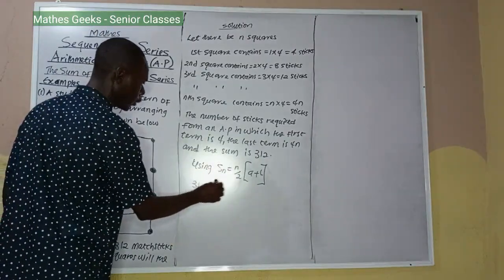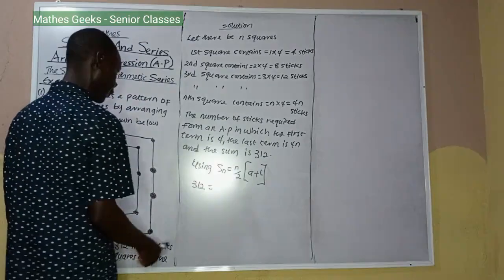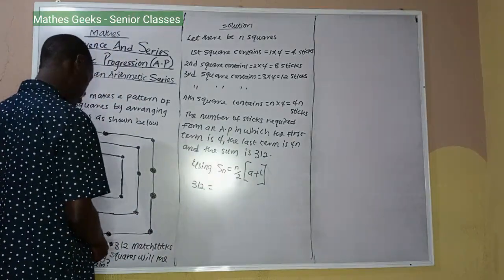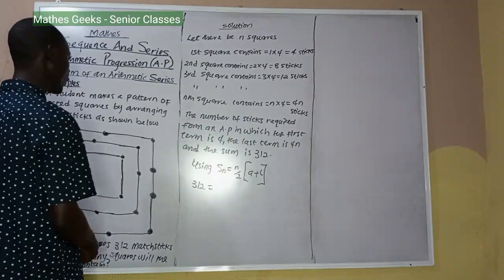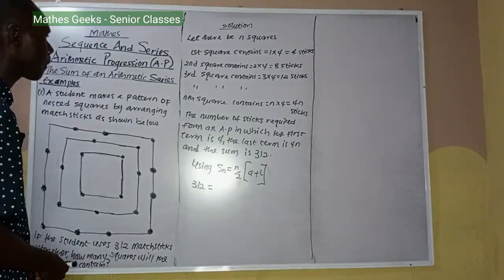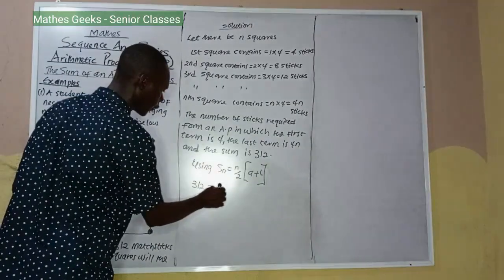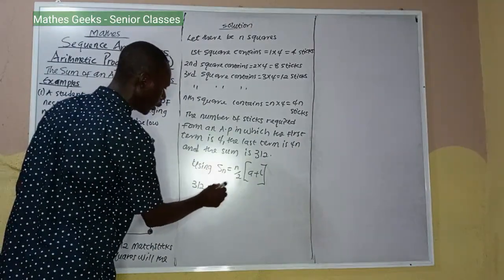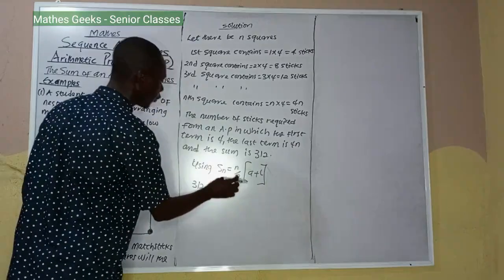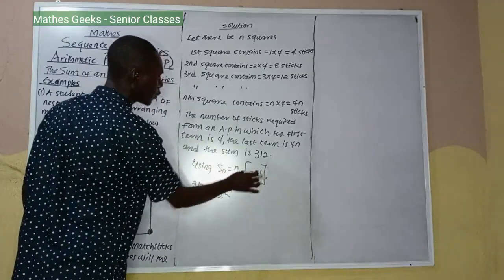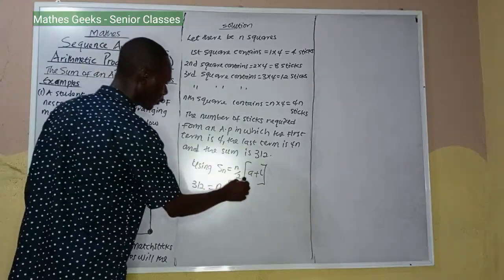312 is equal to n over 2 times (first term 4 plus last term 4n).